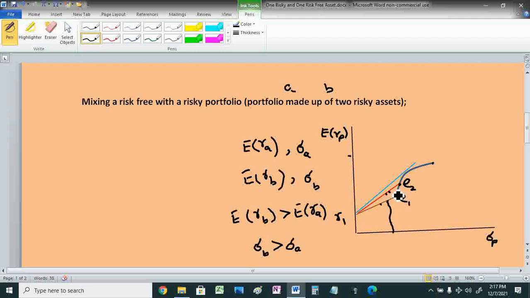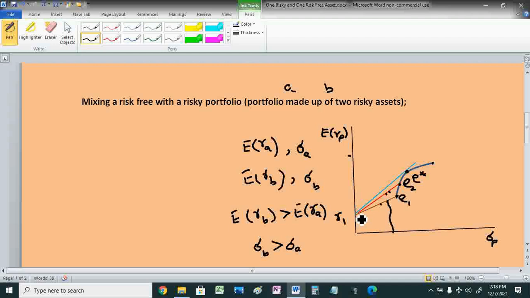chosen. And similarly, see that when we move from point E2 or portfolio E2 to this particular portfolio, let us call it E star, and when we connect portfolio E star with the vertical intercept, then we get this blue ray, and this blue ray then is giving us all the possible combinations of portfolio E star and the risk-free security.